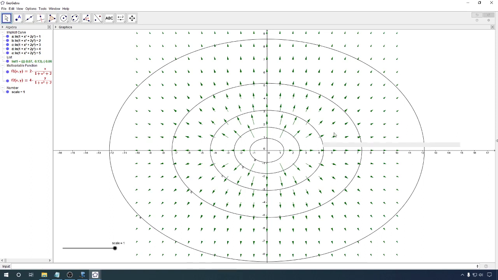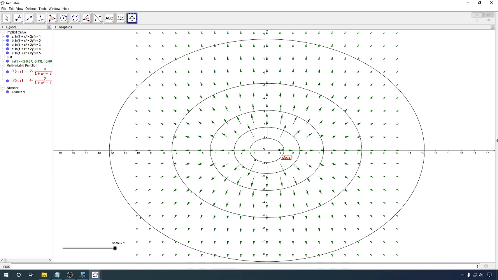The very fact that all of our vector field is pointing away from the origin gives us the idea that our function is increasing away from the origin. The origin is going to be a low point for this particular function. The contour curves also say the same thing. We get bigger values of the function further away from the origin.